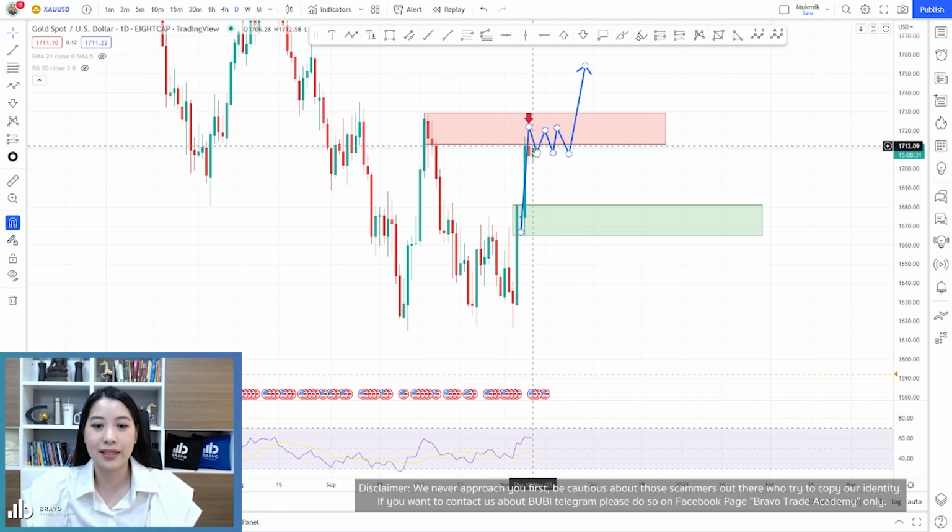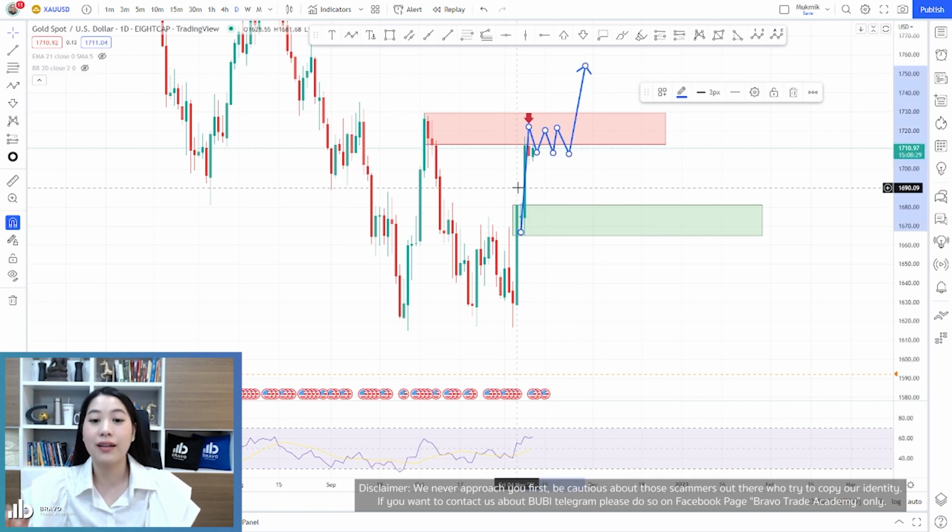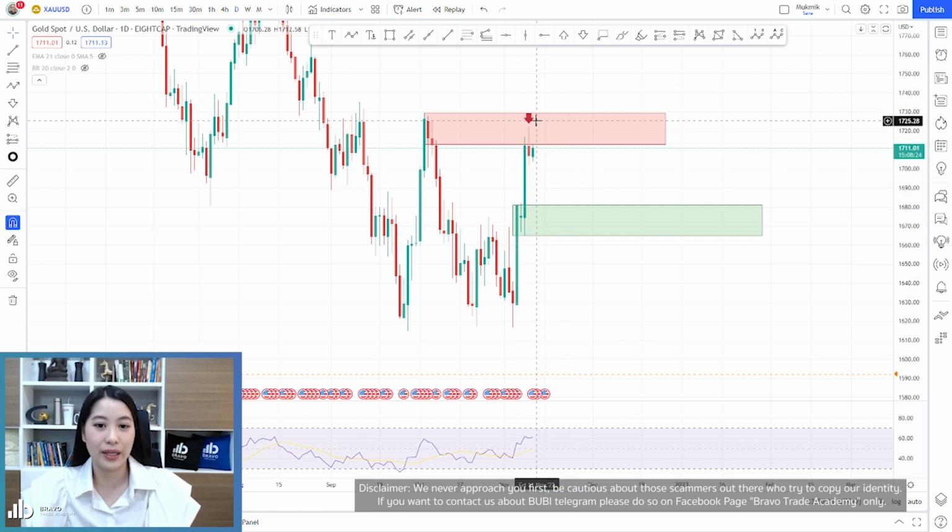If this is acting like a base for the demand zone pattern, we need to be careful. However, since it is in the supply zone, there's more chance that the price will go down first. That's for the daily time frame.